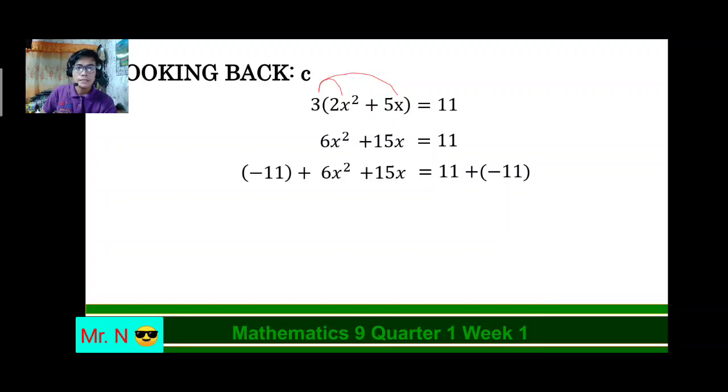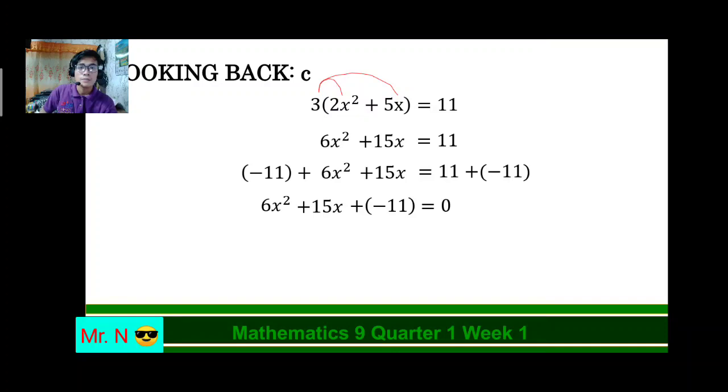So the term with highest exponent in the expression on the left is 6x squared. Ang exponent niya ay 2. So that's the highest exponent. Followed by the lower exponent, term with lower exponent, which is 15x, and then negative 11 is equals to 0.